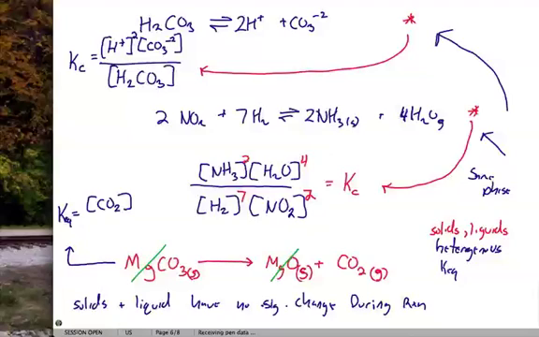Similarly with a pure liquid, not a solution, the same behavior applies. So for reactions done in water, the water is often not included in the equilibrium expression because in the liquid state, water has a constant concentration.